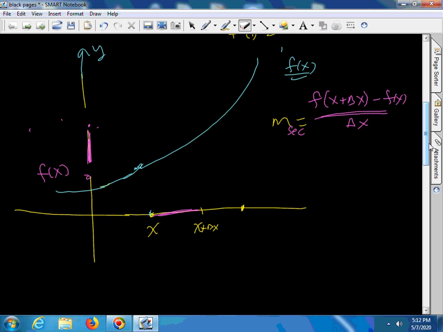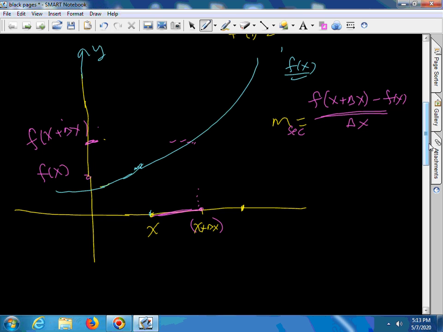And because this here is x plus delta x, when I come up and I go across, that's going to be f of the x value, x plus delta x. What a strange name. Okay, so now we have these 2 points.